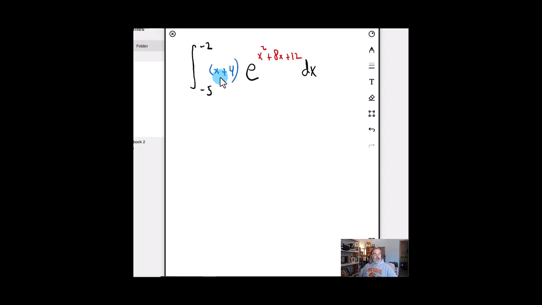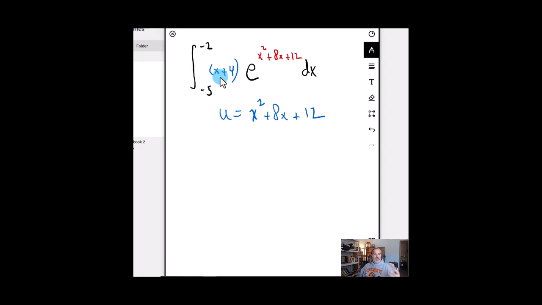So we will assign, and this is why it's called u-substitution, u equal to the parent function of these two things we've spotted: x squared plus 8x plus 12. And then the derivative of this thing we just assigned as u. Now forget the integral for a minute.